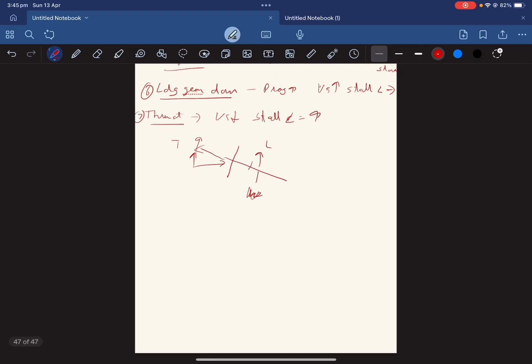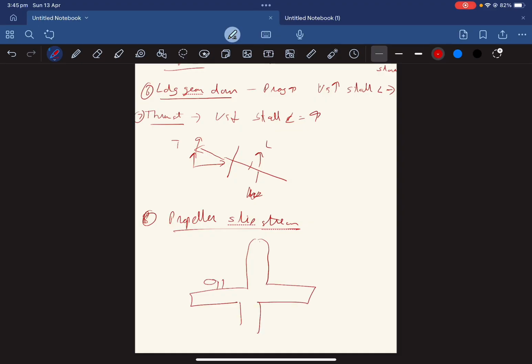So now let's talk about propeller slipstream. Let's say this is your multi-engine aircraft, these are your wings, and you have your propeller over here.